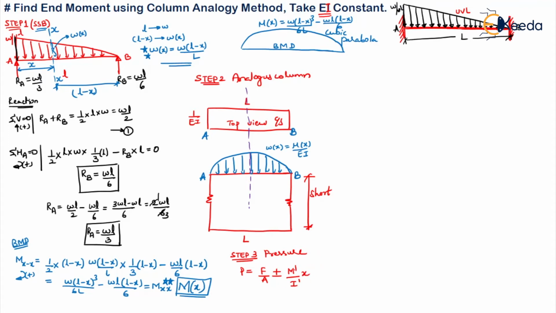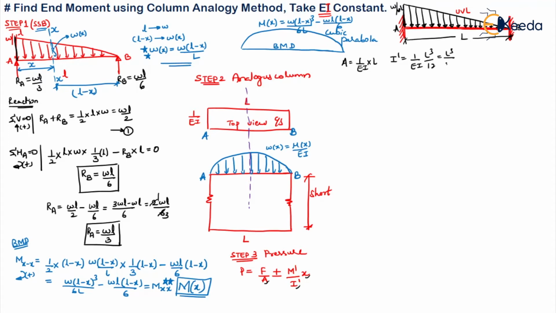So now for this we have to find all the quantities. So let me start with the easier quantities. This and this and this will not change. So what is your A? It's 1 by EI into L. What is your I dash? BD cube by 12. So that's nothing but your 1 by EI into L cube by 12.